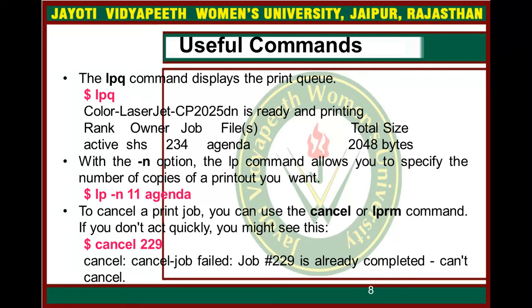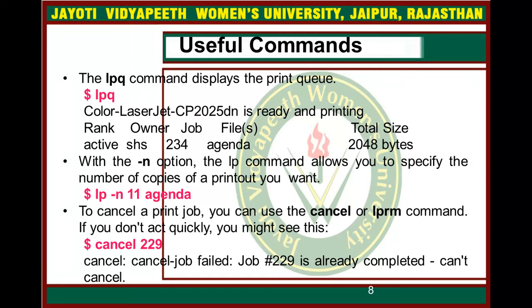To cancel a print job, you can use the cancel or lprm command. If you don't act quickly, you might see this. It automatically shows a cancel message with the job number, and the size will be shown on your screen.